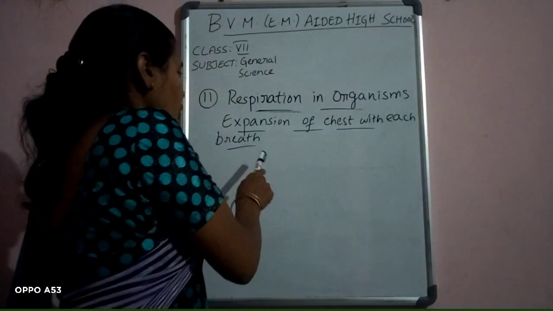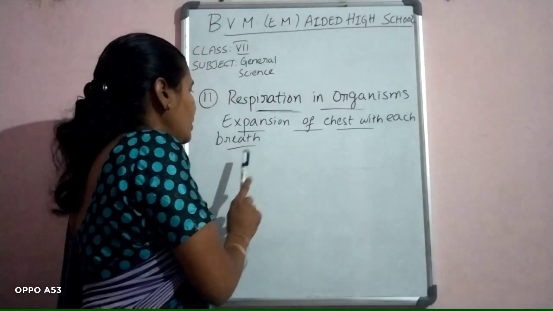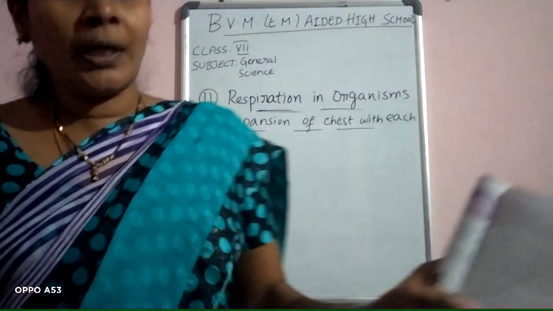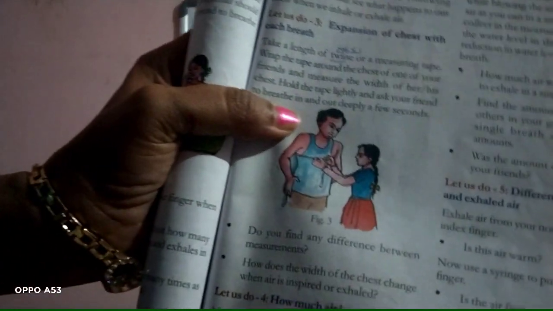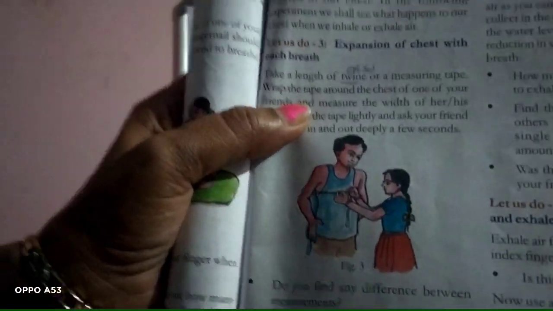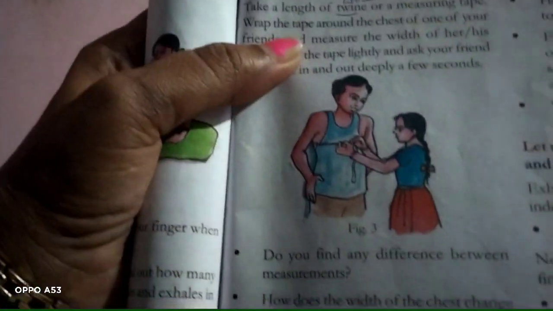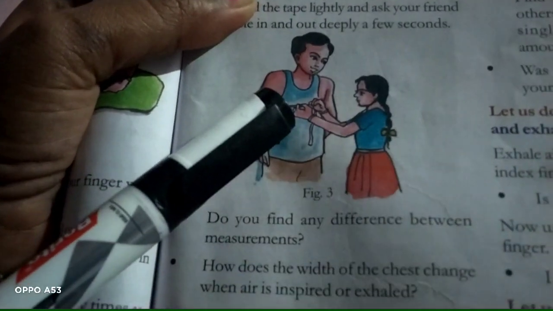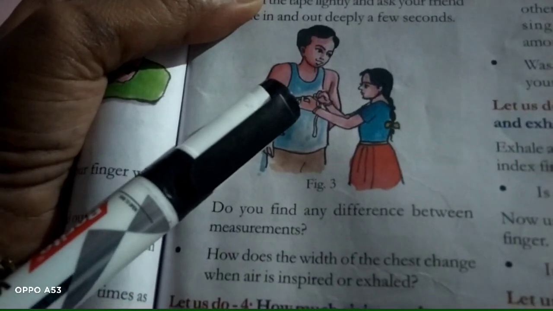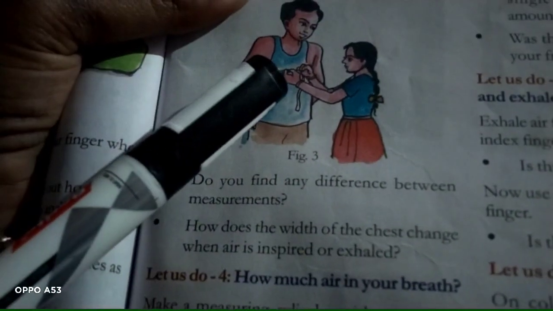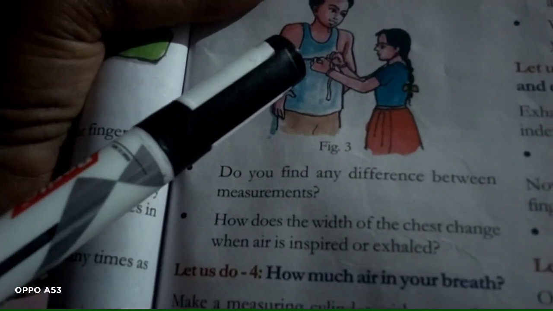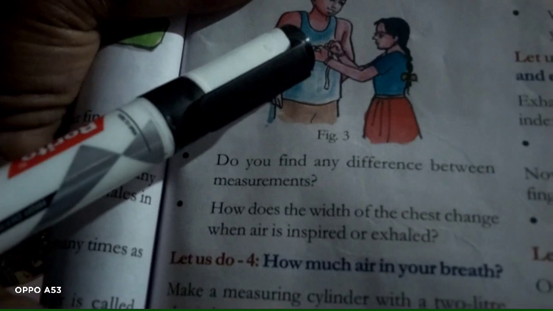We will discuss the topic: expansion of chest with each breath. Look at this textbook. From this textbook, I will explain to you. Take a measuring tape or a length of thread. Wrap the tape around the chest of your friend or your brother or any person.